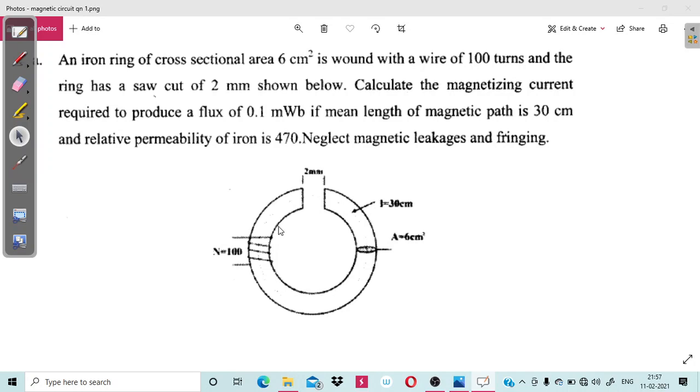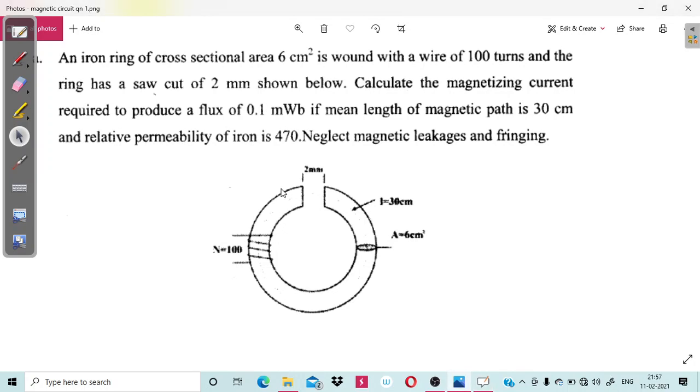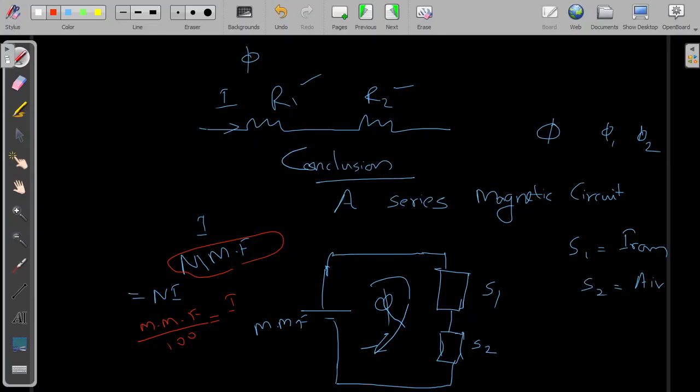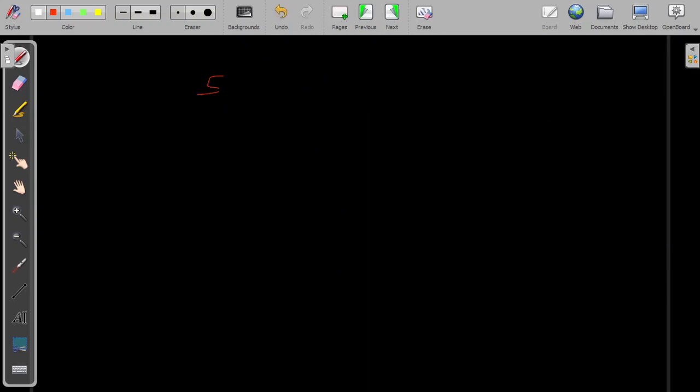Now the cross-sectional area is given, and also the mean length of the magnetic path is 30 centimeter. Our objective is to find S1 and S2.